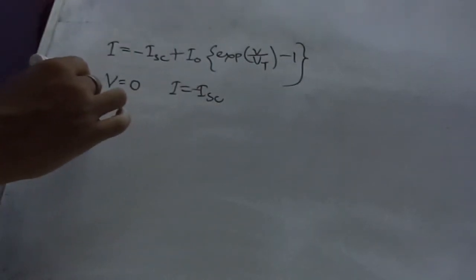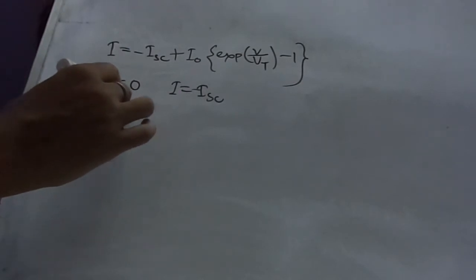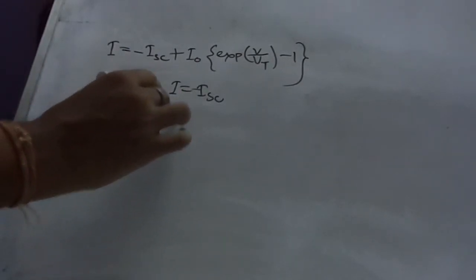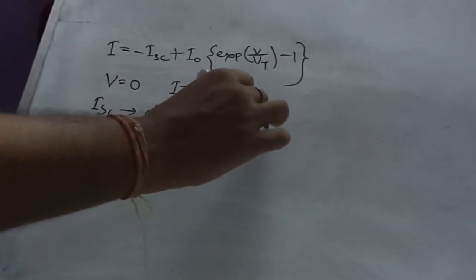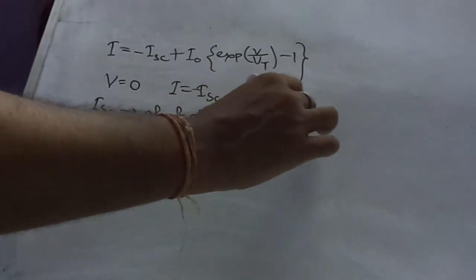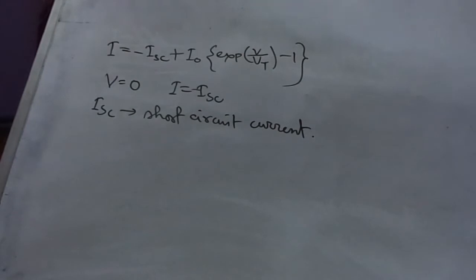ISC is known as short circuit current, and its magnitude will depend on solar insolation.